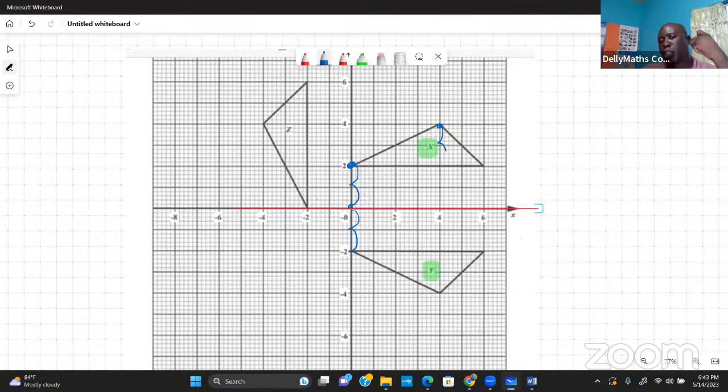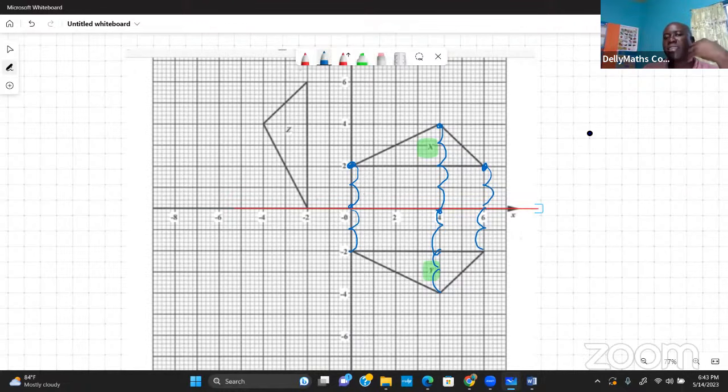It is 1, 2, 3, 4 units on top of the x-axis, and that corresponding point fell 1, 2, 3, 4 units beneath. The final one, right here, it was 1, 2 on top, it fell 1, 2 beneath.